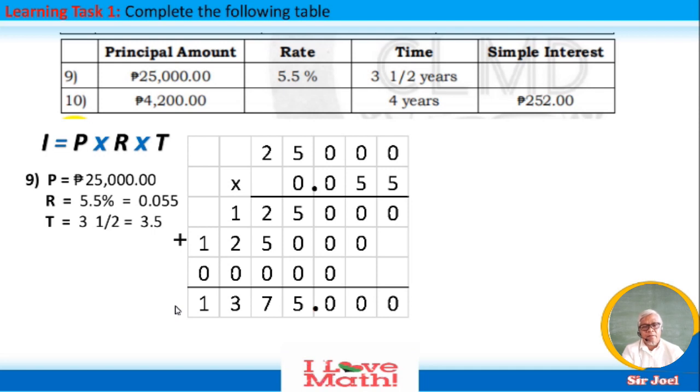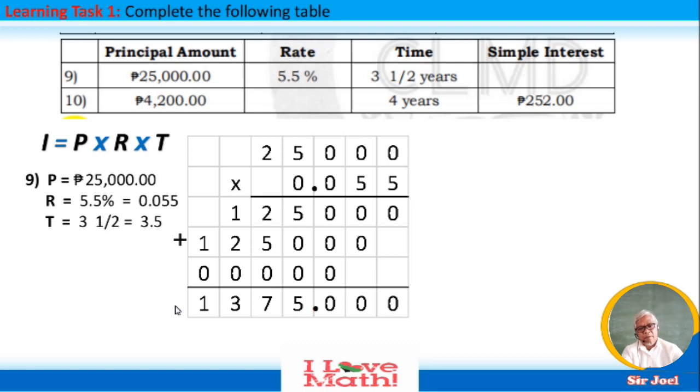Then add. We have 0, 0, 0, then 5. 2 plus 5 is 7, plus 0 is 7. 1 plus 2 is 3, plus 0 is 3. And 1 plus 0 is 1. So, bakit tayo merong 3 decimal places? Kasi nga, dun sa problem, merong 3 decimal places.